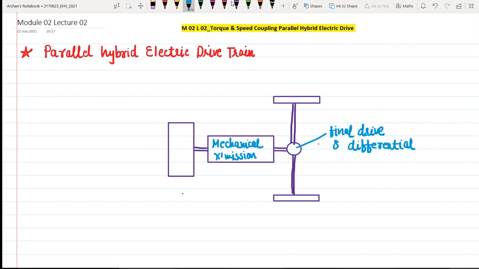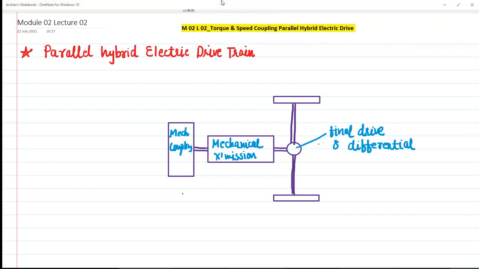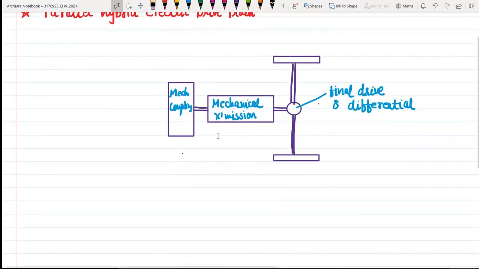This particular box is my mechanical coupling box. To this mechanical coupling box, we will be connecting our sources of energy. One source of energy is the fuel tank, and another source of energy is our battery. The battery will deliver power to the electric motor, and the fuel tank will deliver power to the IC engine.